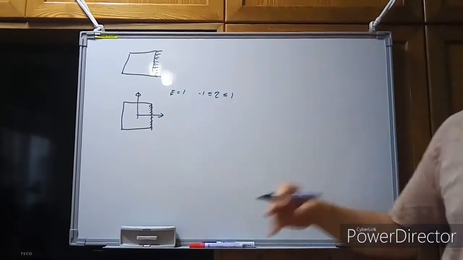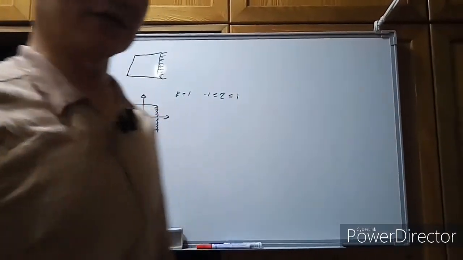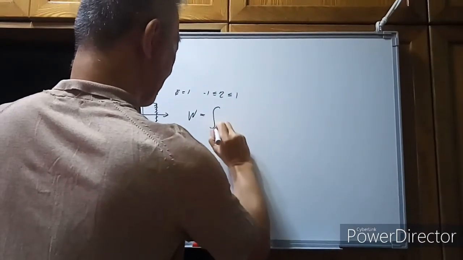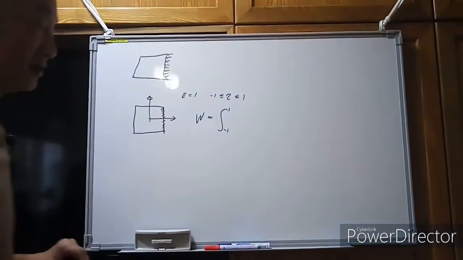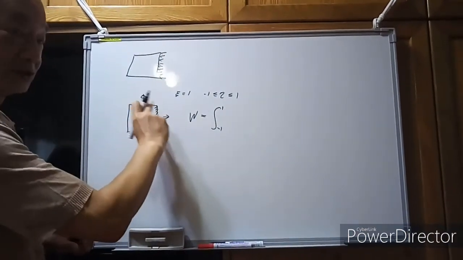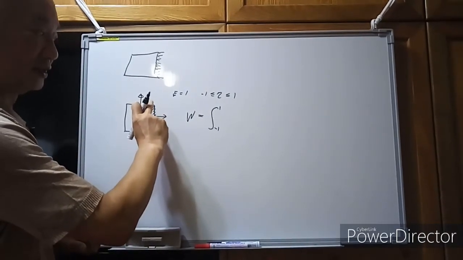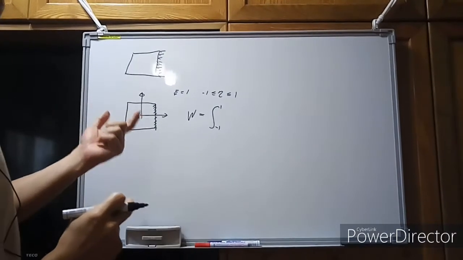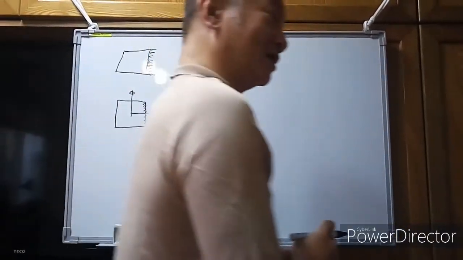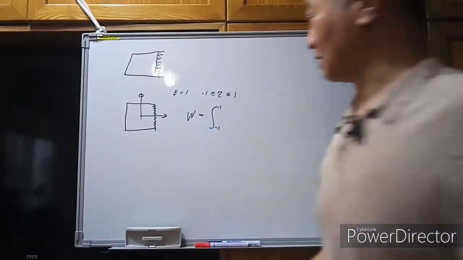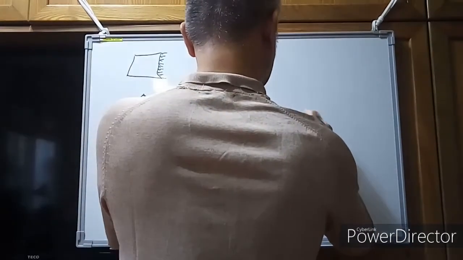It's very easy, and when you need to integrate the work done by the external load, you need to specify the range, remember, in the master element, not in the real element. It is easier to specify the range in the master element. That's the range.